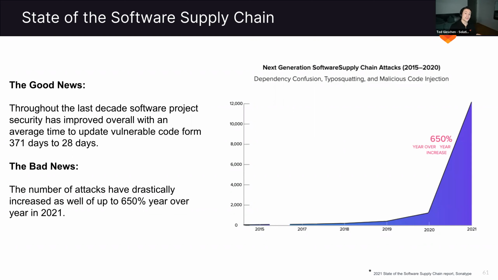Now, the bad news: just as security for those software projects has improved, so have the ways in which people try to attack those software projects. The report counted the number of documented attacks to have increased drastically and reached a 650% year-over-year increase in 2021.